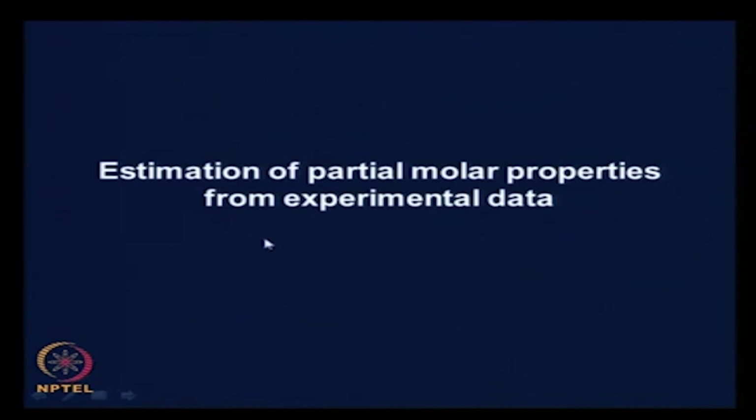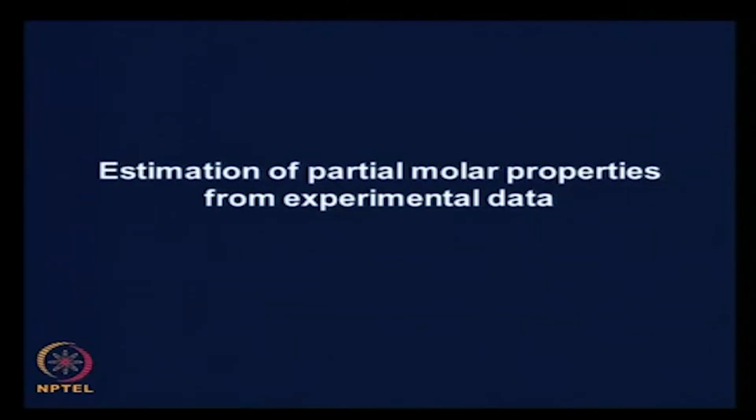And then we looked at how to estimate the partial molar properties from experimental data. The experiments that we are interested in are called mixing experiments, where the initial values are measured and the total value upon mixing is measured.